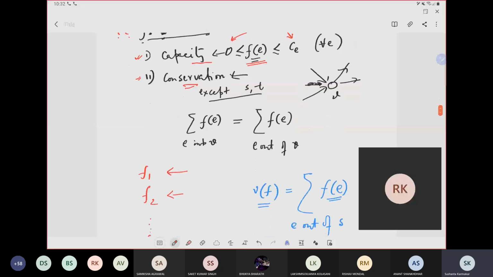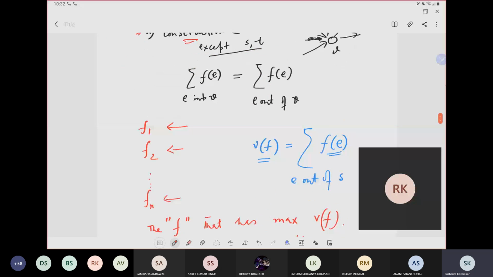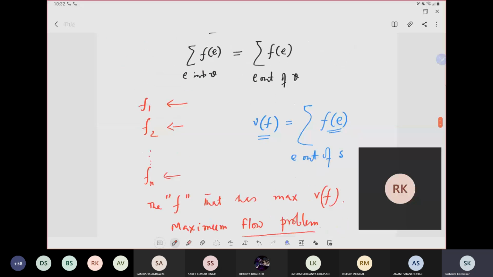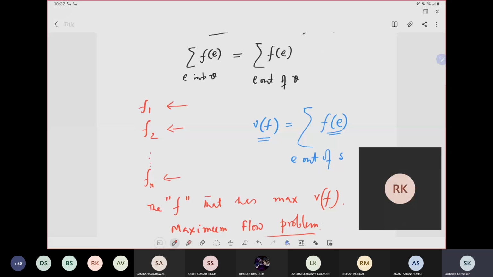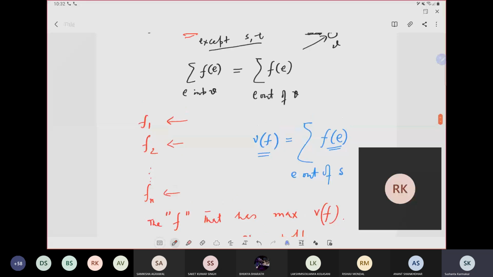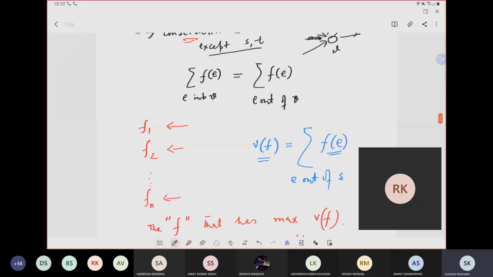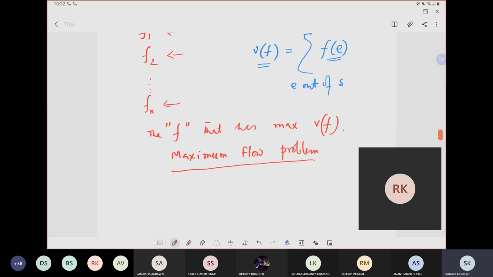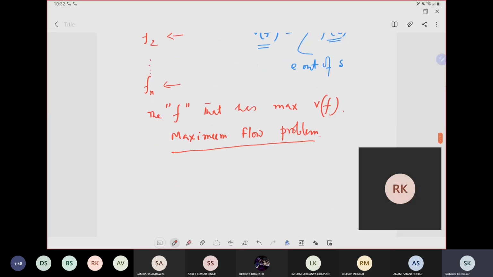I'm interested in the f that has the maximum value of Vf, where Vf is clearly defined as the sum of the function values for all the edges that are coming out of the source node. Remember, not of any other node, only coming out of the source node. And this is the maximum flow problem.